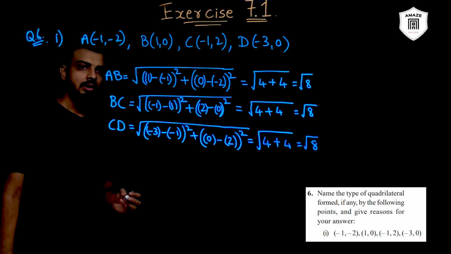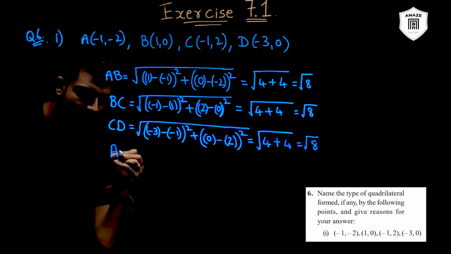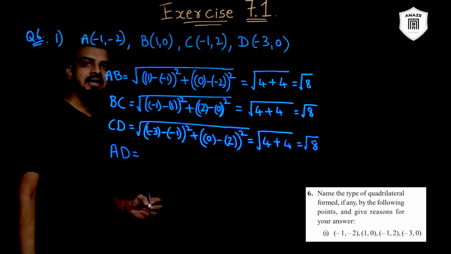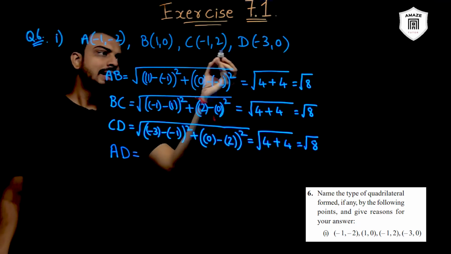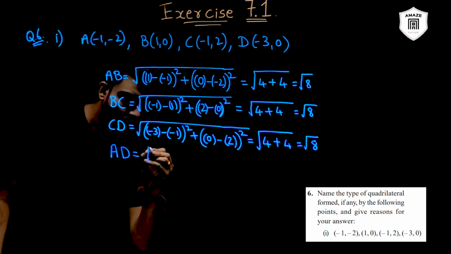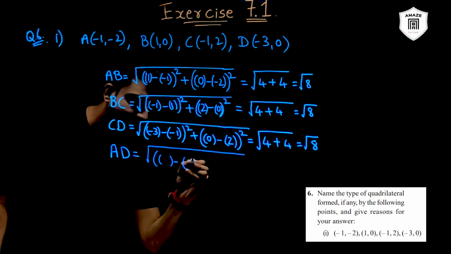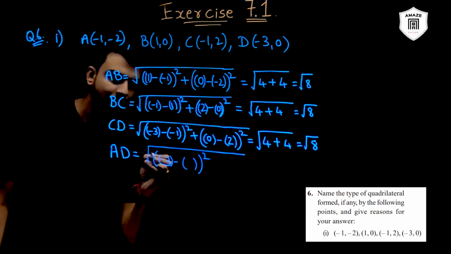Right? Now, let us figure out the fourth side, AD. So AD is what? Let us see. x1 comma y1 and this is x2 comma y2. So here again, let me write down x2 minus x1 the whole square. What is x2? Minus 3. And what is x1?